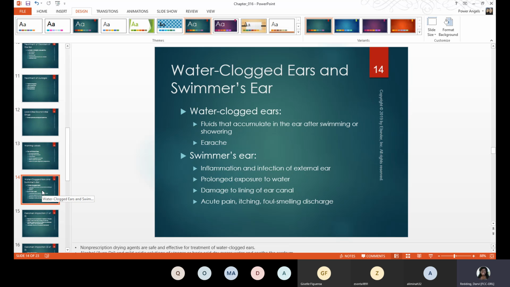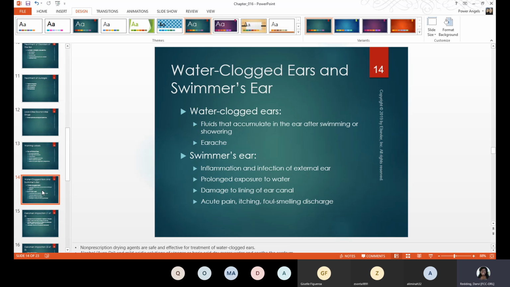So water-clogged ears is fluid that accumulates in the ear after swimming or showering. Water-clogged ears can also cause someone to experience an earache. And then you have a disorder called swimmer's ear.